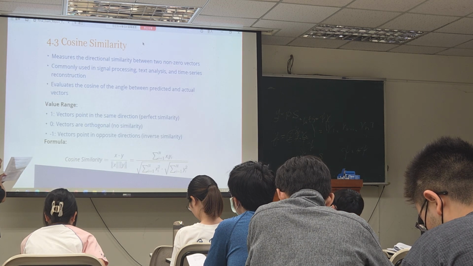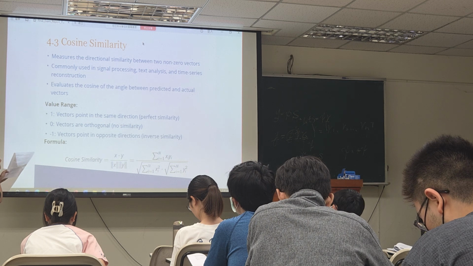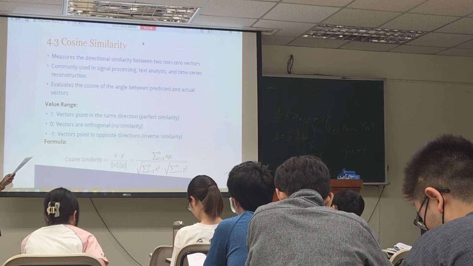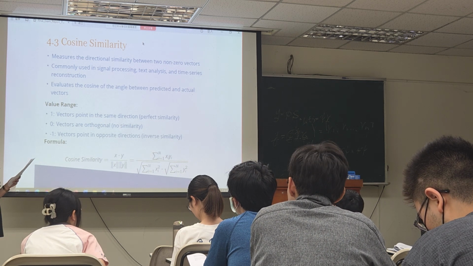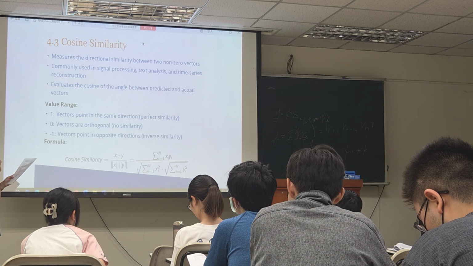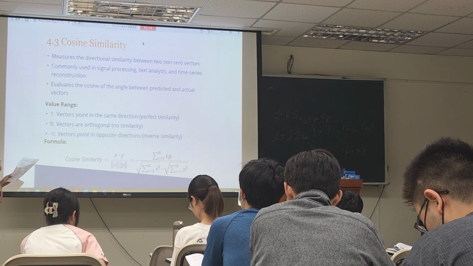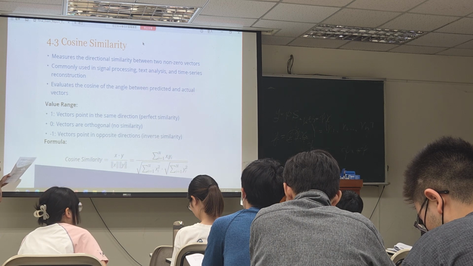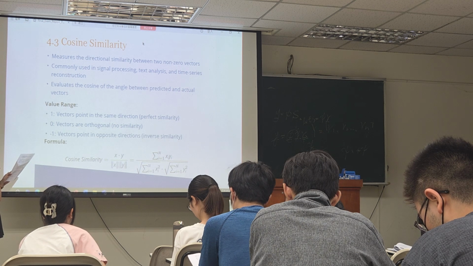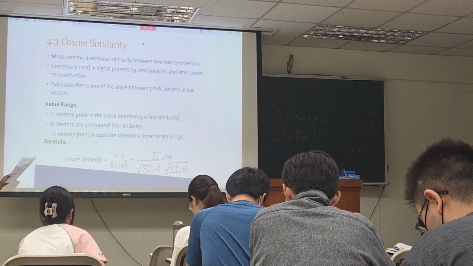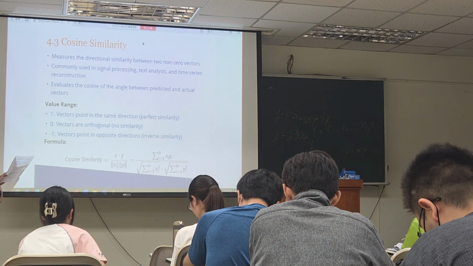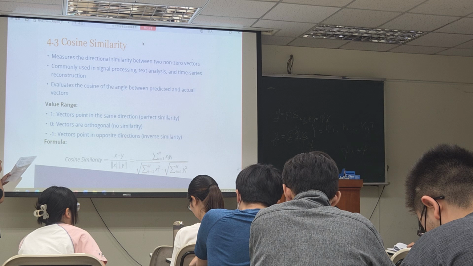The third one is cosine similarity. This metric evaluates how similar the directions of two non-zero vectors are. It is commonly used in signal processing and time series reconstruction, which makes it a good fit for our experiment.